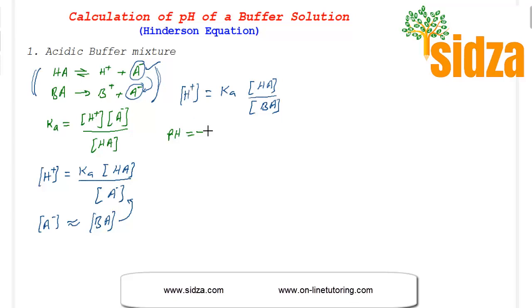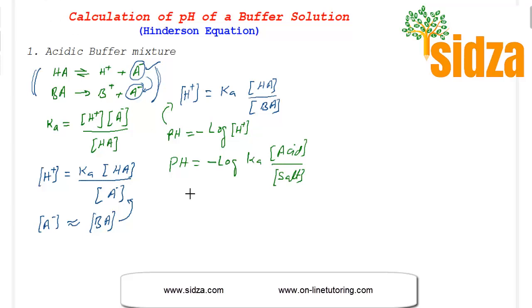The pH equals negative log of the H+ ion concentration. So the pH of the solution will be equal to negative log of the dissociation constant times the acid concentration divided by the concentration of the salt.